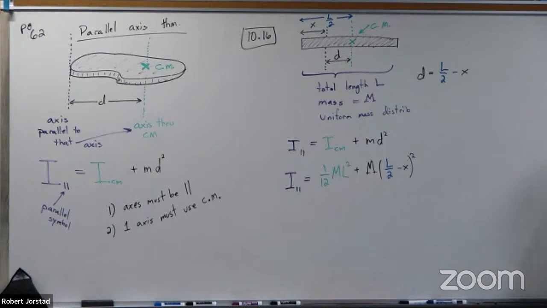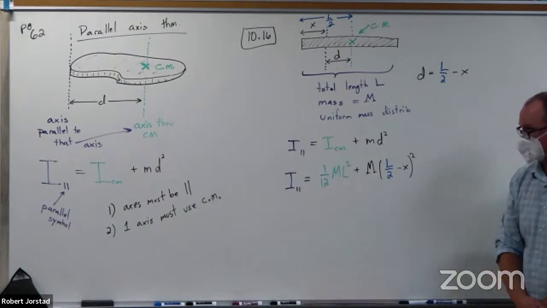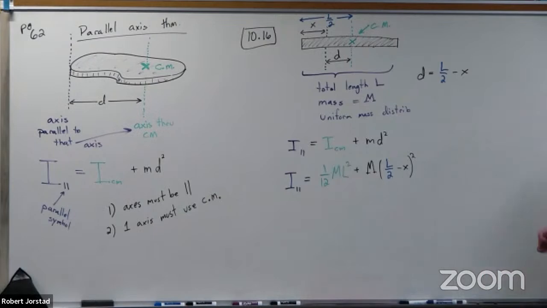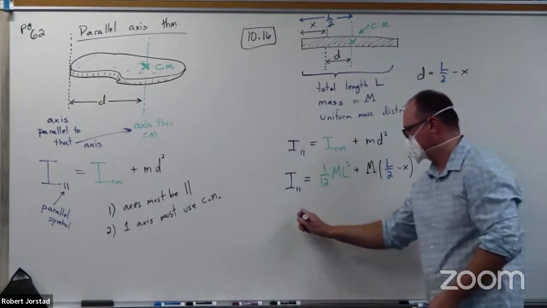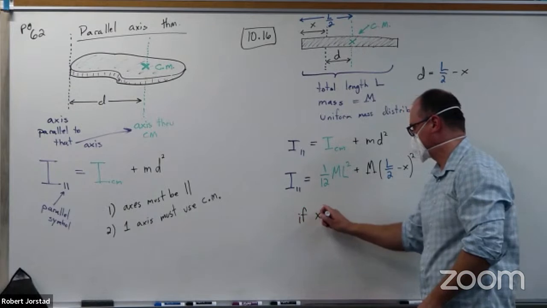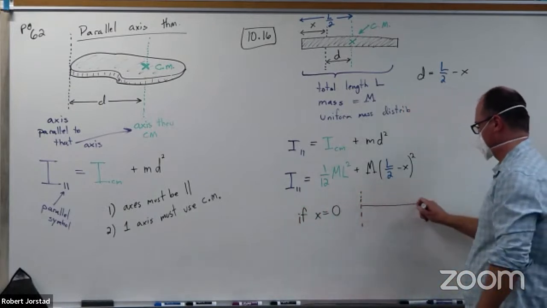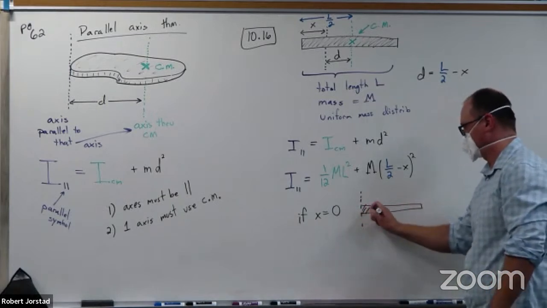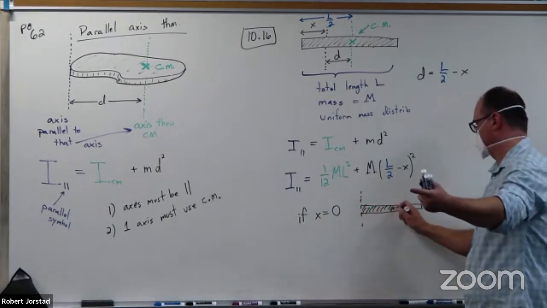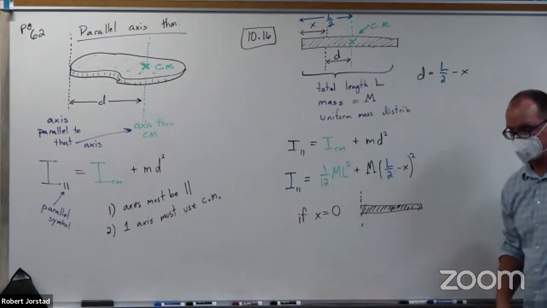Do you know any special cases? For example, can you think of a special value, a limiting value of x? Zero. If x equals 0, what would the picture look like? A rod about the end. Yeah. What is the answer?